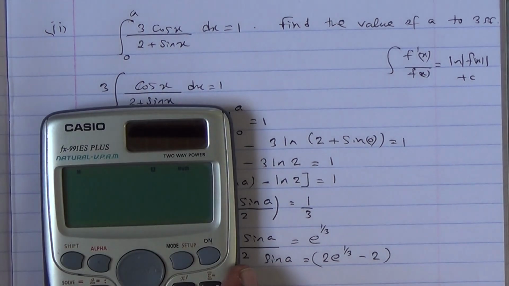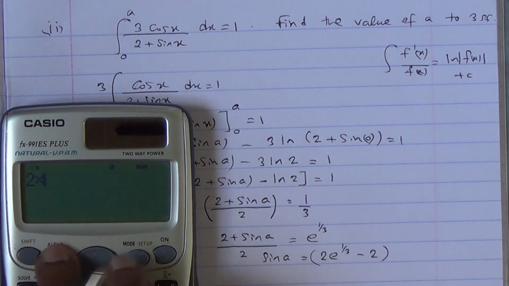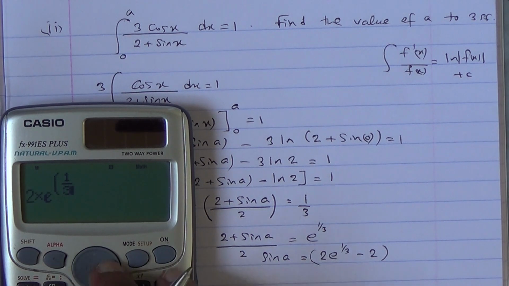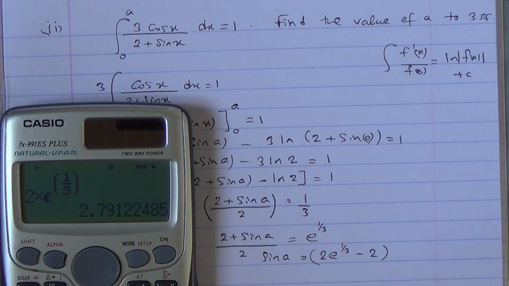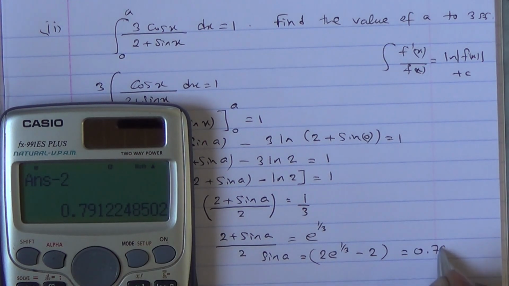That's the value we're looking for for sine a: 2 times e to the 1/3 minus 2, which is 0.791 and so on.